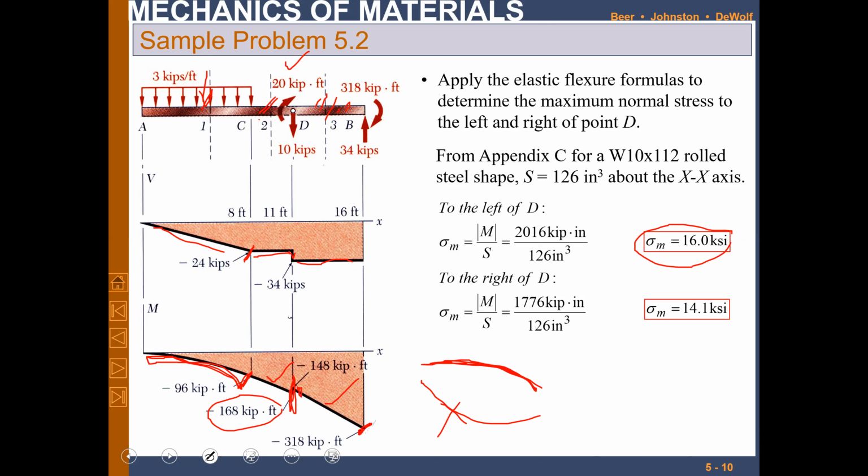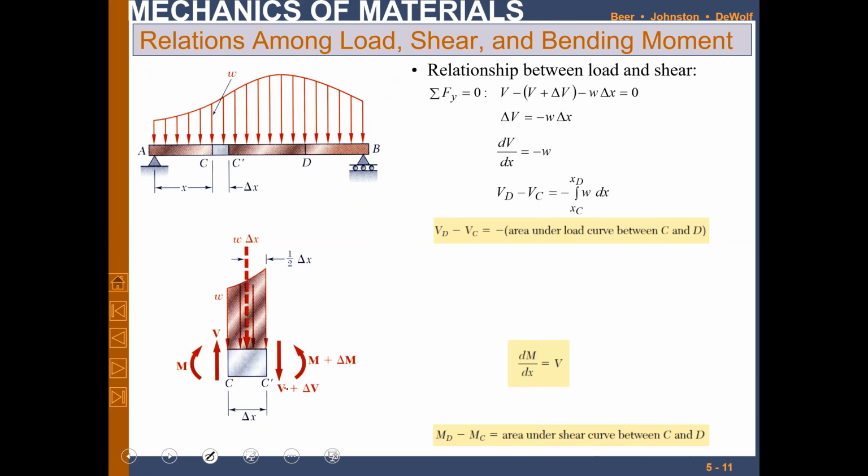Just a point before D and after D. So before D, it is minus 168, and just after D is minus 148 kips feet. So you will multiply it with 12. So 1776 kips inch divided by 126, so before D, the maximum normal stress will be 16 ksi, and just after the point D, it will be 14.1 ksi, right? So this is how you can calculate further.